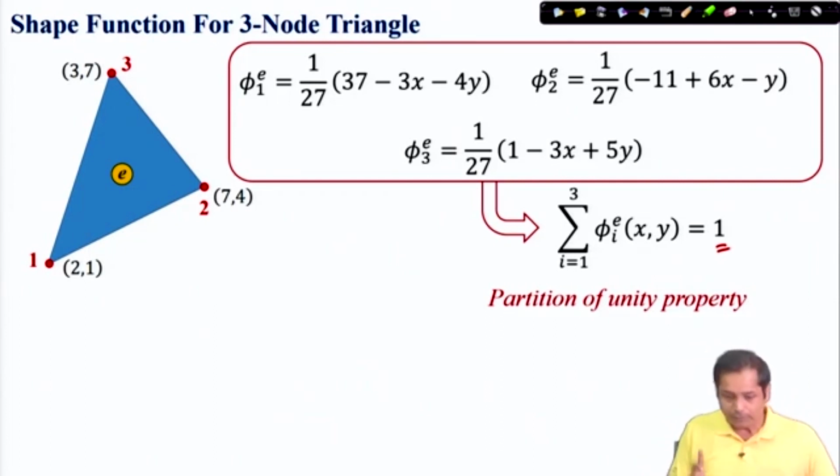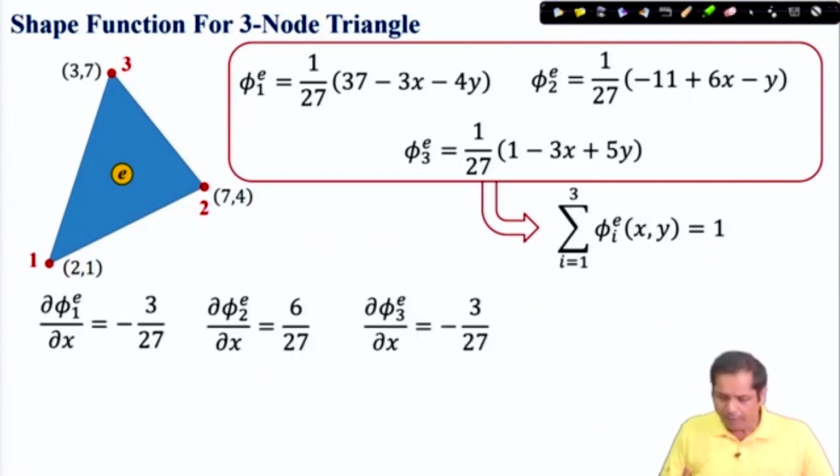If we add them, this satisfies the partition of unity property. Now suppose u is the displacement; from the displacement we need to compute the strain. How do you compute the strain? We differentiate the displacement field with respect to the coordinates.